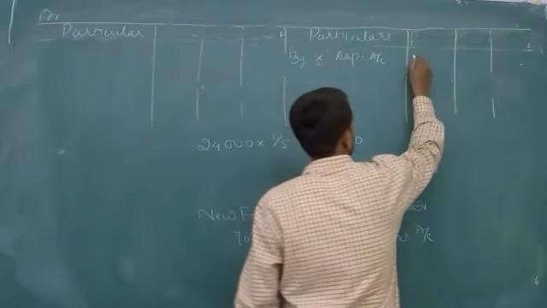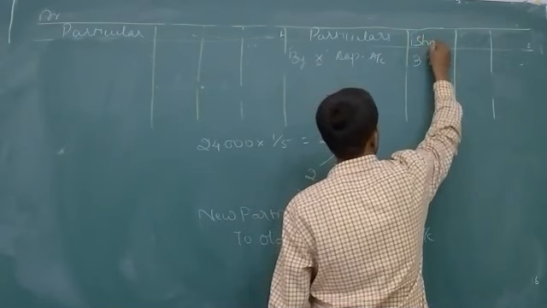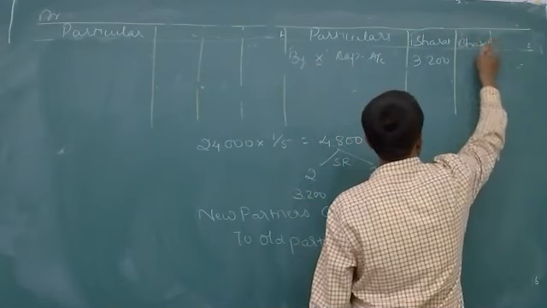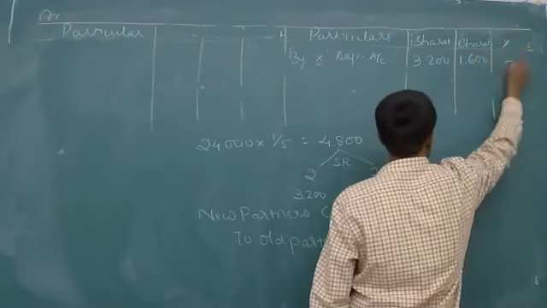How much? 3,200 in Sharat's column, and next, Bharat will be 1,600, and for the new person, dash.